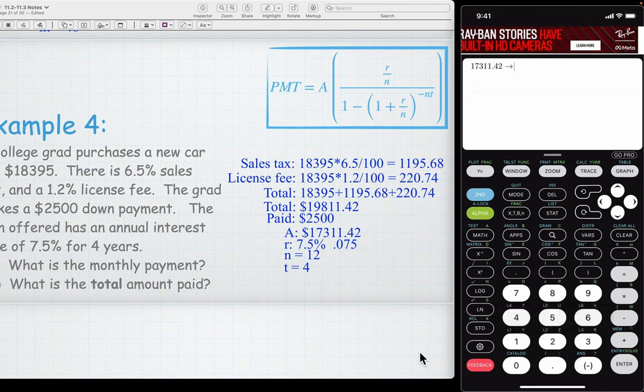Remember the store key right here. We'll store that as A. And then 0.075 we'll store as R. And 12 we'll store as N. And 4 as T.